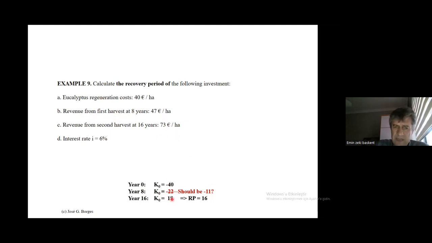So the net present value at the age of 16 becomes positive, okay? Become positive as it 18, okay? So then we call that age 16 the recovery period for this problem, okay? Just a matter of calculating net present values for a given problem and analyzing by looking at the net present values at different ages, okay?